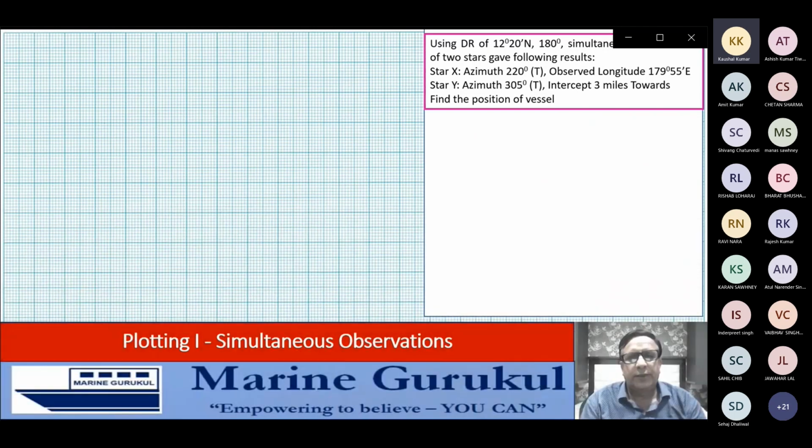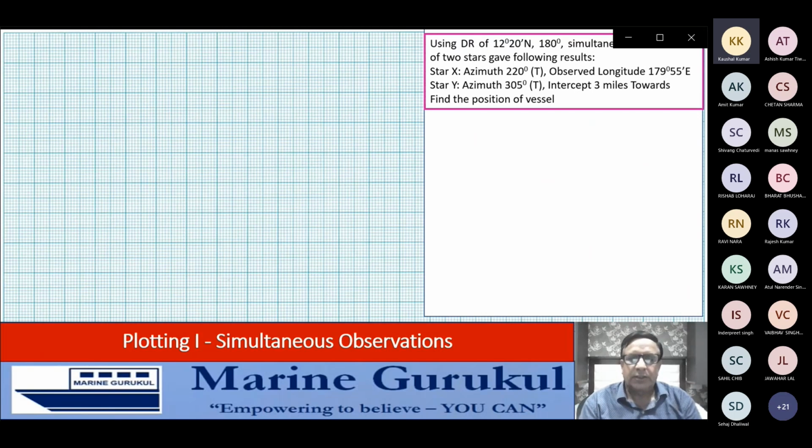Using DR 12 degrees 20 minutes north, 180 degrees, simultaneous observations of two stars gave the following results. Star X, azimuth 220 degrees true, observed long 179 degrees 55 minutes east. Star Y, azimuth 305 degrees true, intercept 3 miles towards. Find the vessel's position. Star X, a repeat as far as the process deployed for solving it is concerned, has been solved by long bichrone, as discussed in the previous case.